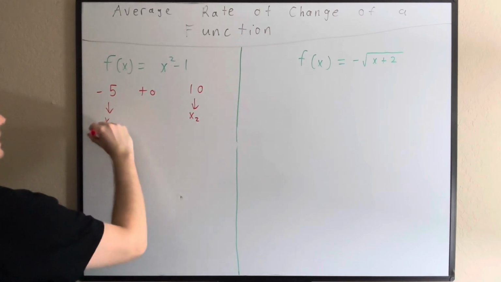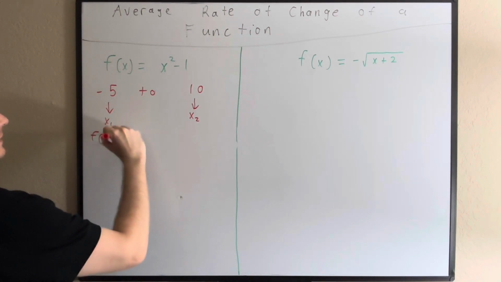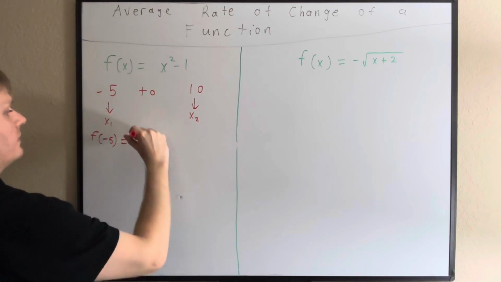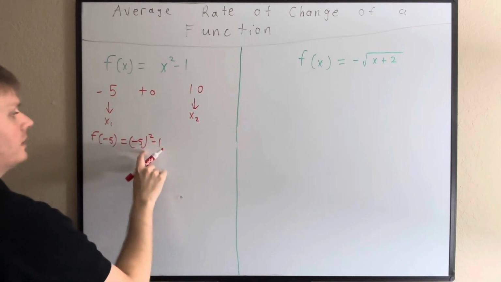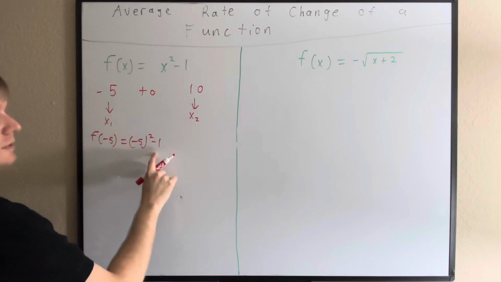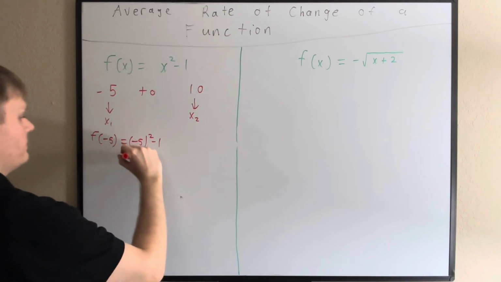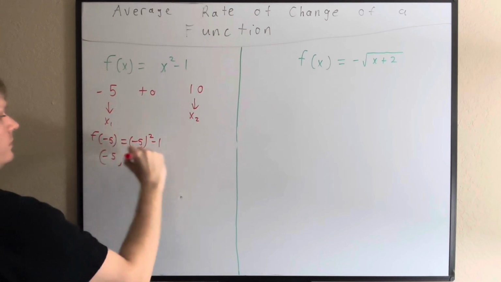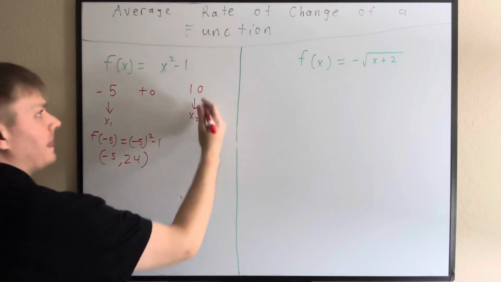So what is f of x1? It's f of -5, which is -5 squared minus 1. -5 squared is 25, minus 1 is 24. So our first point would be -5, 24.